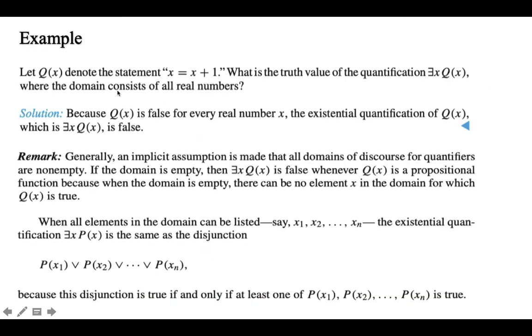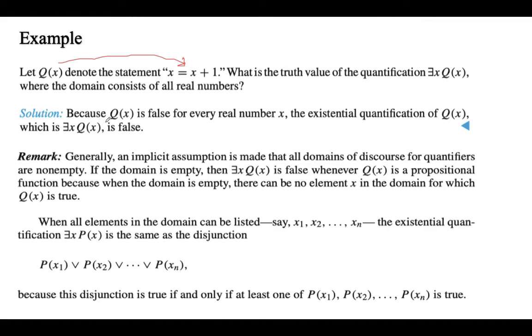Let us see another example. Let Q of x denote the statement x is equal to x plus 1. What is the truth value of the quantification "there exists x, Q of x", where the domain consists of all real numbers?